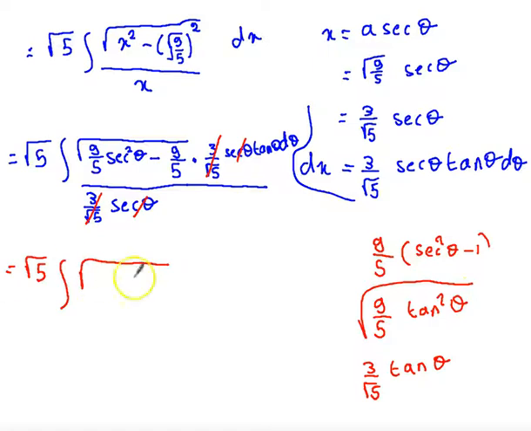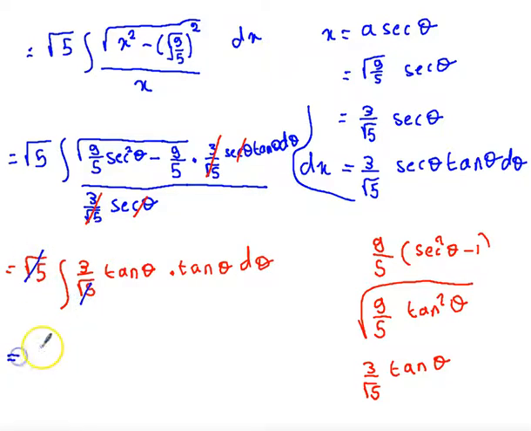So we can remove this square root and write 3 over radical 5 tangent theta times tangent theta d theta. Radical 5 drop radical 5, equal integral of 3 tangent squared theta d theta.